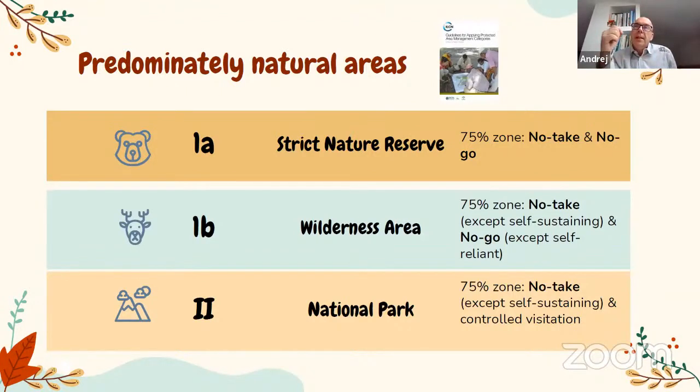Self-sustaining use for those few people who live in or visit these areas is allowed. Visitation is strictly limited, and it is not supported by any infrastructure. So if you go to a wilderness area and you walk along a river, don't expect that somebody will build a bridge to cross it.